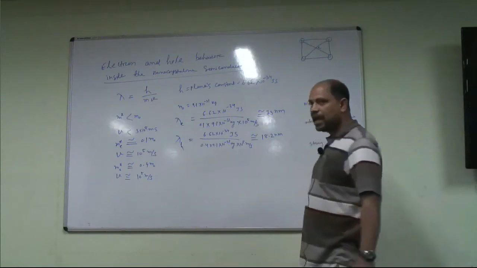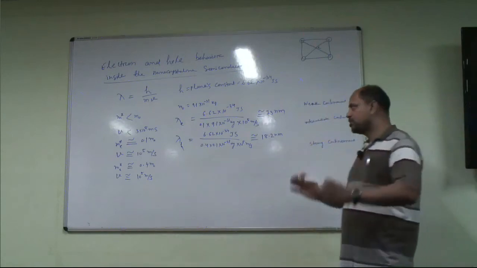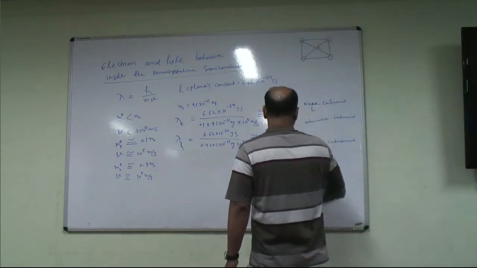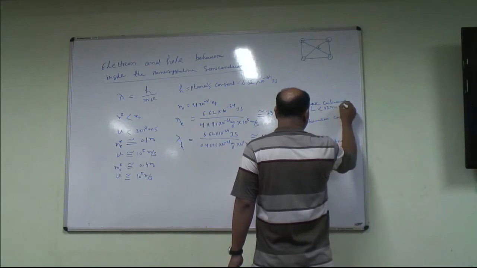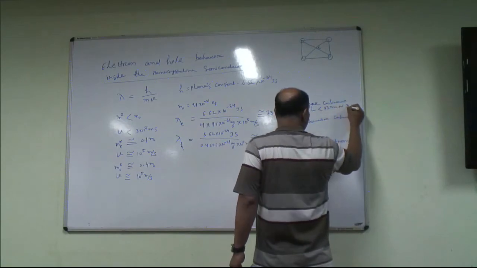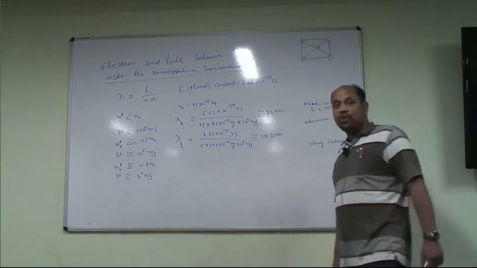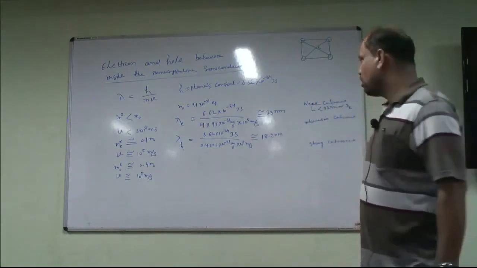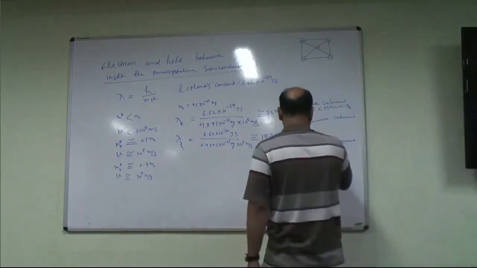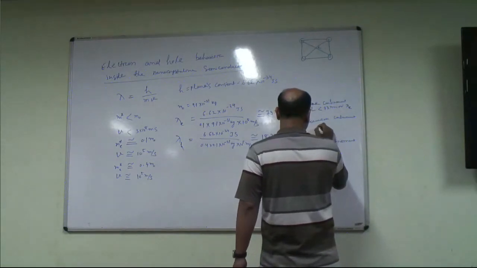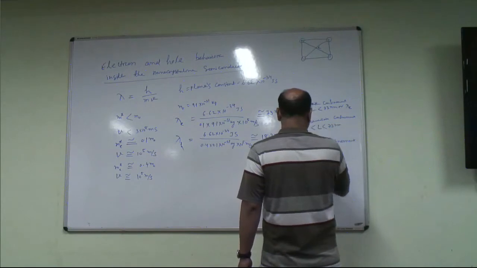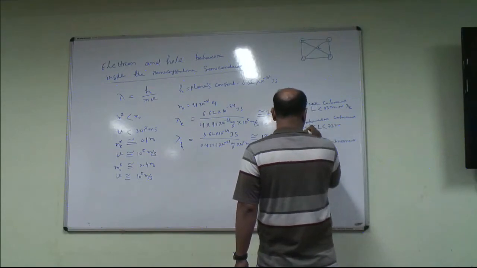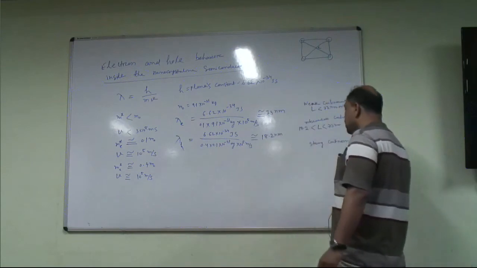So how is the length scale defined? When the length of the nanocrystalline material is less than 73 nanometer, the de Broglie wavelength of the electron, and greater than 18.2 nanometer, we call it intermediate confinement.